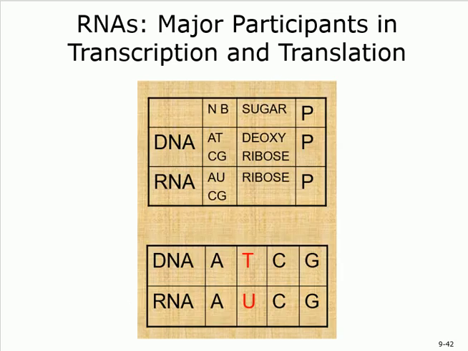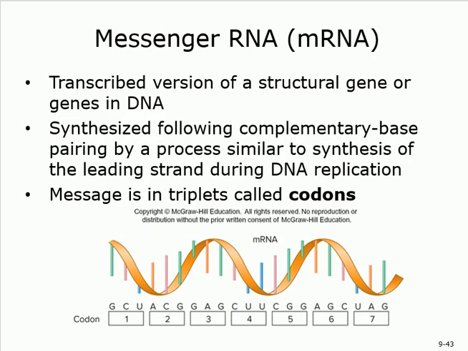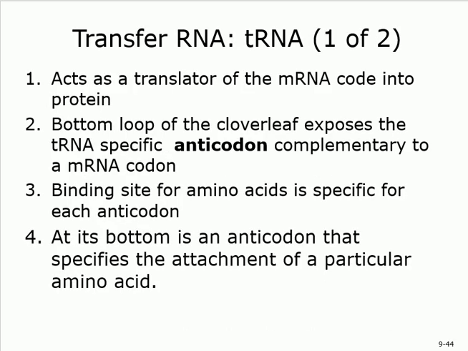So this is a comparison right here. Here is a DNA, A, T, C, G, which is what you guys mentioned, right? ATCG versus AUCG. This is deoxyribose, this is ribose. See, here is a messenger RNA that has triplets that are called codons. And so this is a messenger RNA. We talked about it. The second type of RNA is called a transfer RNA.